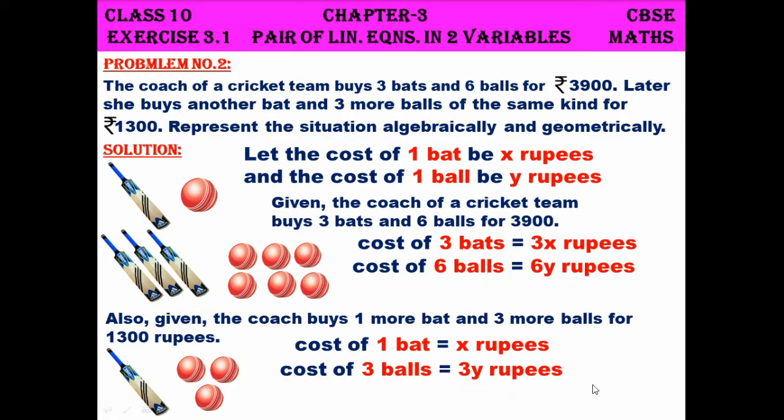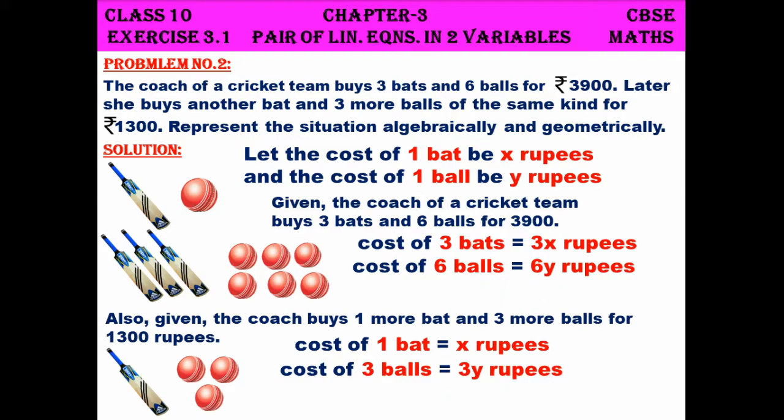So these two equations together represent the given real life problem. Therefore, I can say that the algebraic representation of the given situation is 3x plus 6y equals 3,900 and x plus 3y equals 1,300. So this is how I represent the problem algebraically.